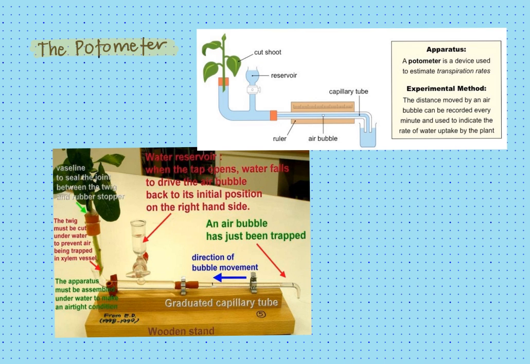To measure transpiration, we have various ways to do it. The potometer works in various ways and the setups can be different, but basically we use it as a device to estimate the transpiration rate, and the estimate is made under the assumption that all the water absorbed by the plant is being transpired.